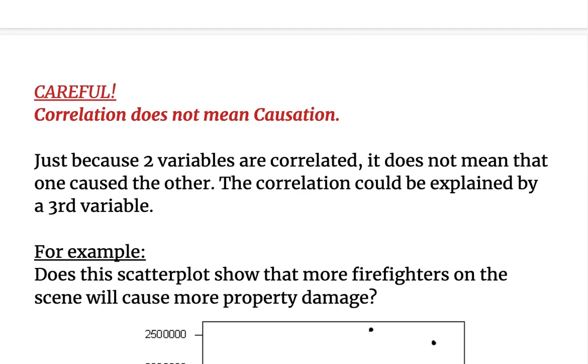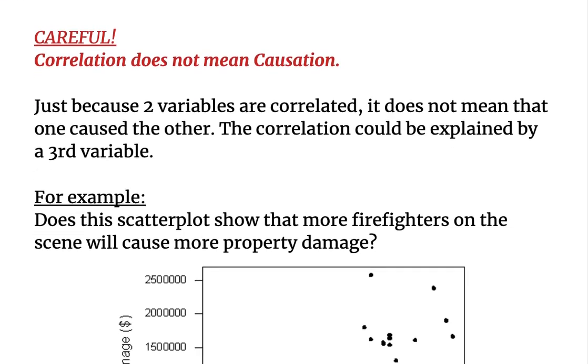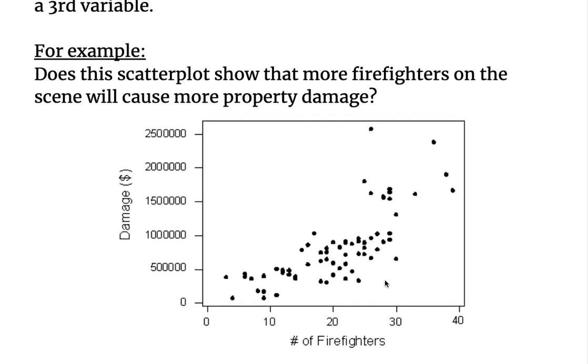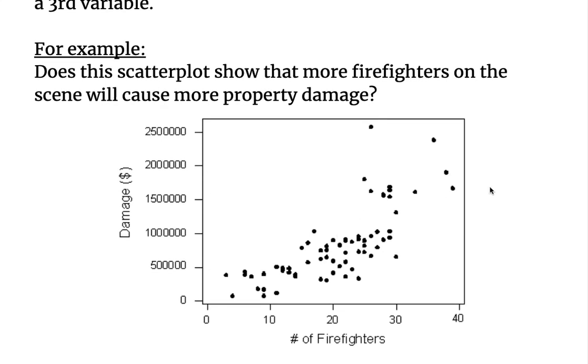So like we said, just because two variables are correlated doesn't mean that one caused the other. The correlation could be explained by a third variable. So the example that I like to give is this one right here. I have a scatter plot that shows the number of firefighters at different fires and then the amount of damage to that property. So if we assumed causation, that one caused the other, we would think that more firefighters on the scene would cause more property damage.